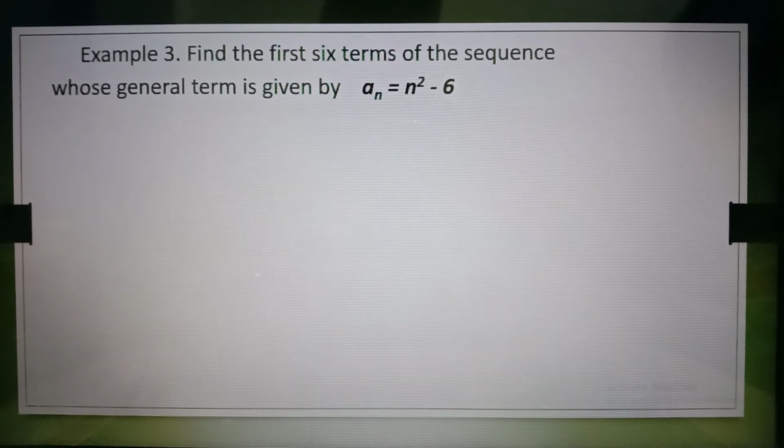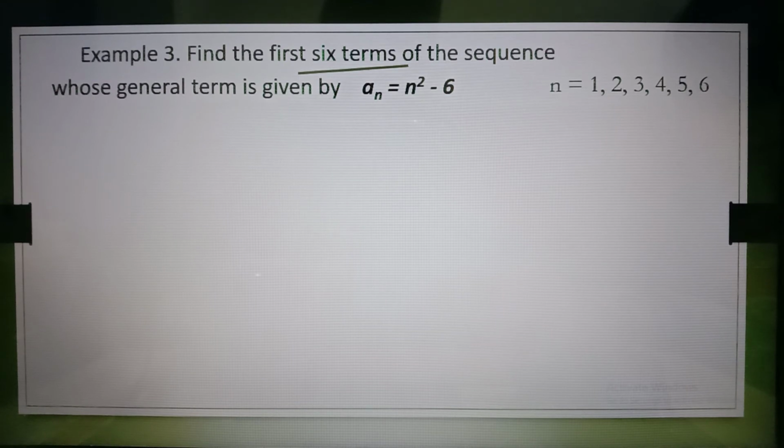Okay, let us have this last example. Find the first 6 terms of the sequence whose general term is given by a sub n equals n squared minus 6. So, ang guide na naman natin ay 6 terms. So, therefore, n is equal to 1, 2, 3, 4, 5, and 6.